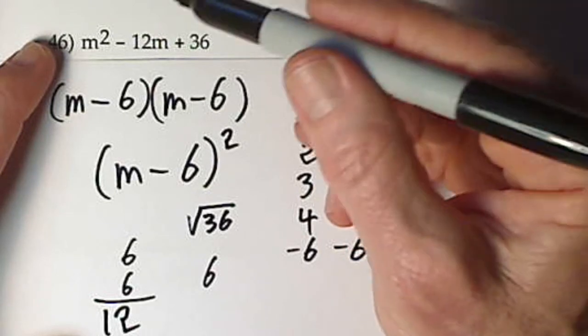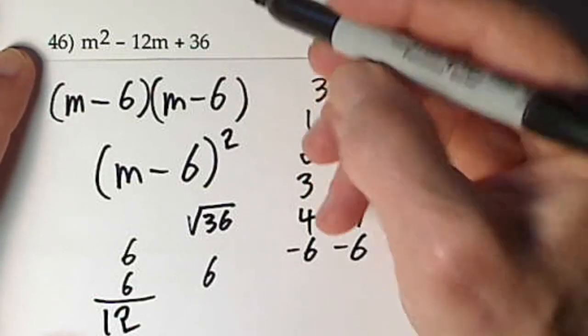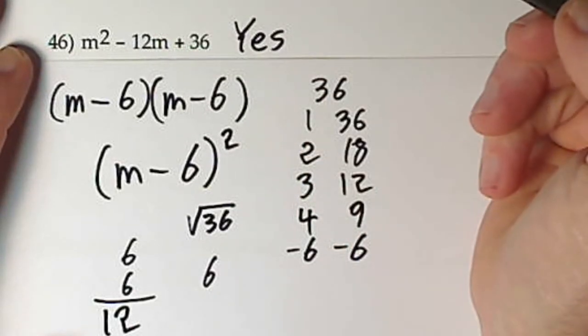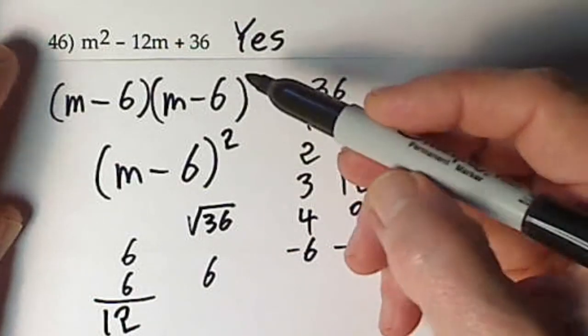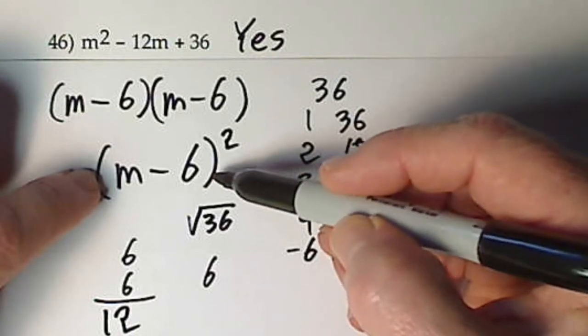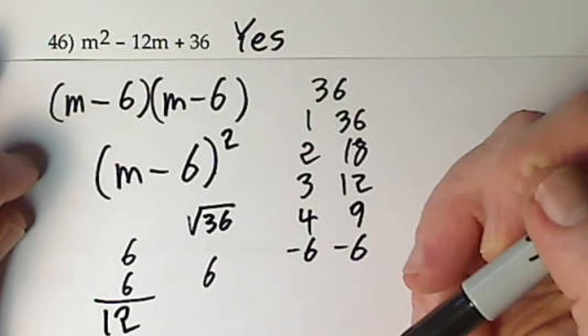If I add 6 to itself, I get 12. Is this a perfect square trinomial? Yes, it's a perfect square trinomial. If you can't do it that way, if you go ahead and factor it, if you get to here, I hope that triggers in your mind, oh yeah, well, it's a perfect square. It's a perfect square trinomial. Okay?